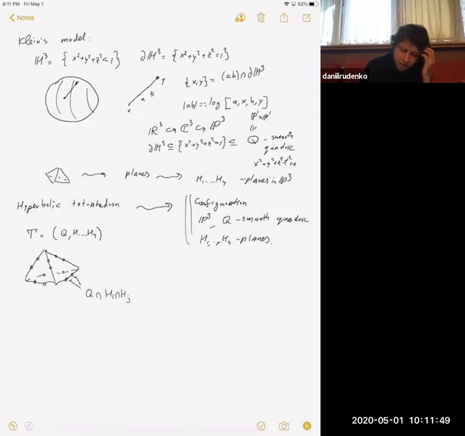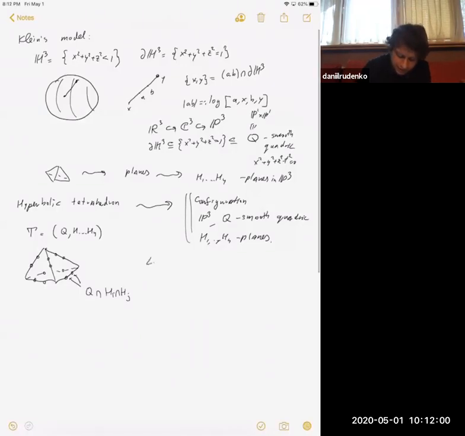And to define lengths of edges so that they are well-defined parameters, one needs to choose an ordering of each pair of points. So lengths of edges are defined for marked tetrahedra, and by marked I mean the points Hi intersect Hj intersect Q are ordered.